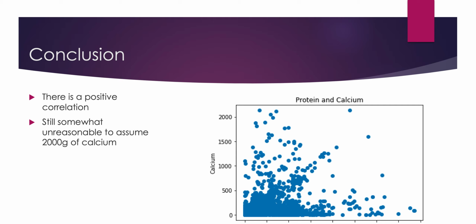However, to be fair to our data and have a fair interpretation, an even amount of calcium must be eliminated with respect to protein to determine a correlation. If we ignore the extremes in the top left corner, we can see there's a positive correlation between 0 and 40 grams of protein and 0 and 1,000 grams of calcium.